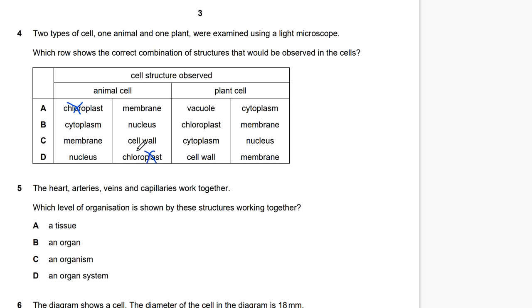Animal cells also do not have a cell wall, so we remove that one. So we only have letter B. Because they have cytoplasm, yes, for animals, also a nucleus, and of course, very much needed in the plants are the chloroplasts and the cell wall that supports and protects the cells.